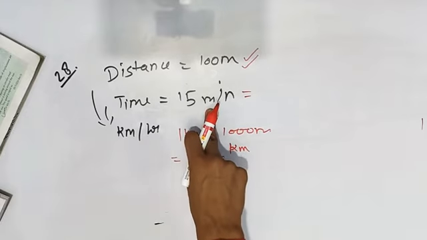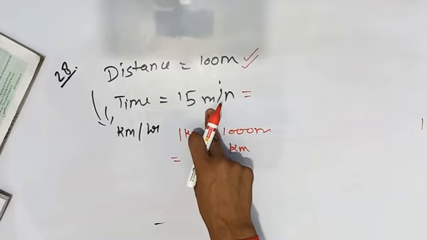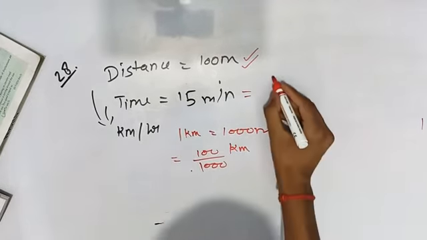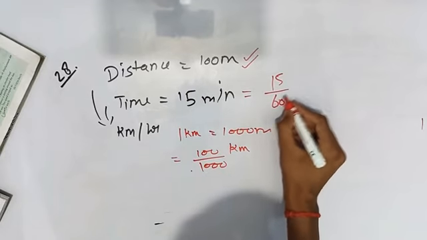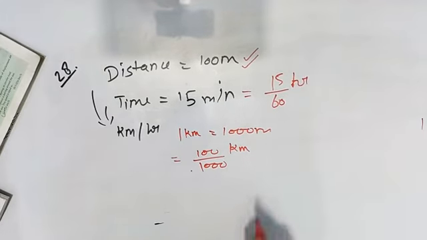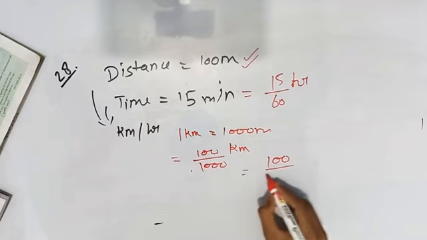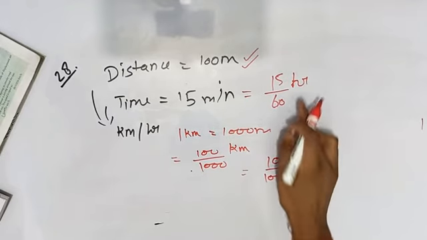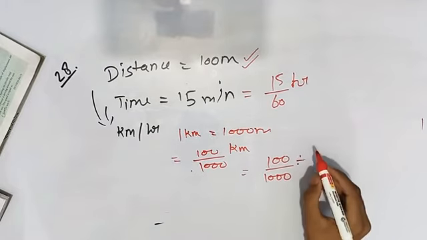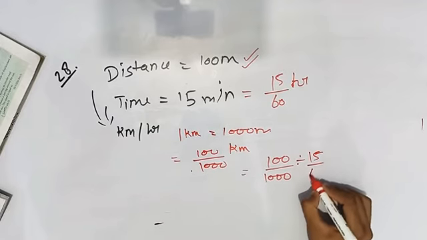It is given as 15 minutes and we have to convert it into hours, so we will divide by 60. So 15 upon 60 becomes hours. Now we will place them in the formula of speed, that is distance upon time, where distance is 100 upon 1000 and the time is 15 upon 60.